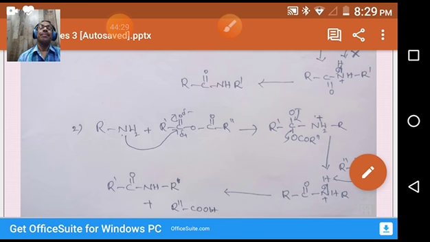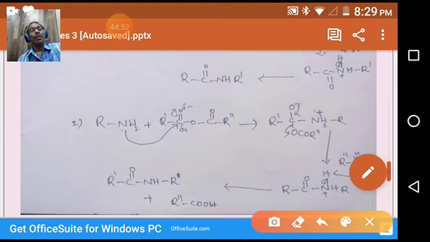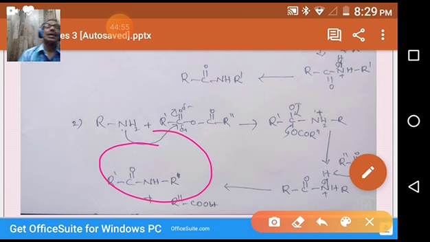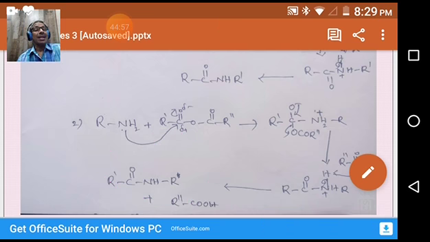In acylation, the amino group attacks the carbonyl carbon of the acyl group. In both cases, X goes as X minus. In this case, the RCOO group goes as RCOO minus. This RCOO minus is a conjugate base, a strong base. It easily accepts a proton from the amine ion, thereby giving our product, the amide. This is the mechanism for acylation.